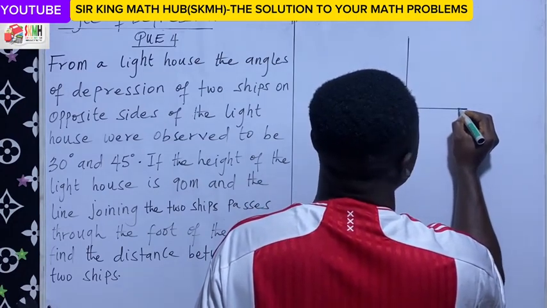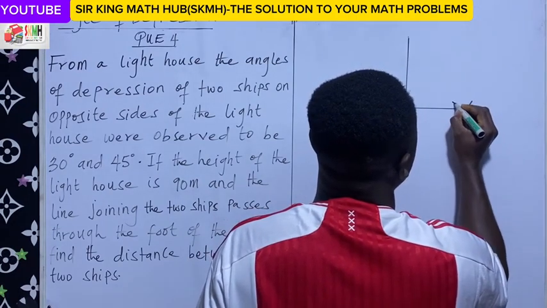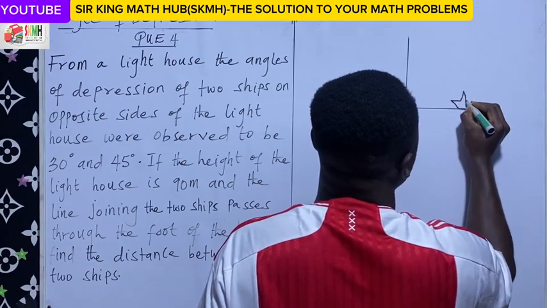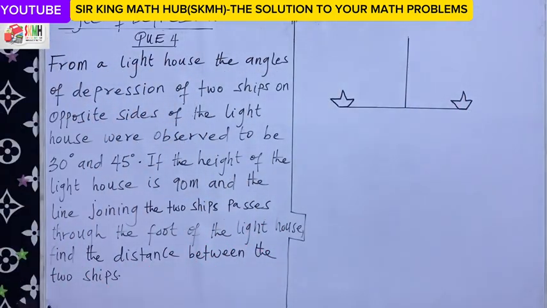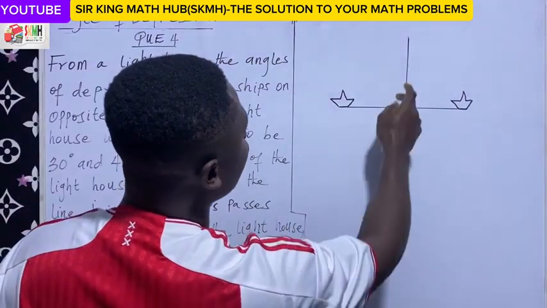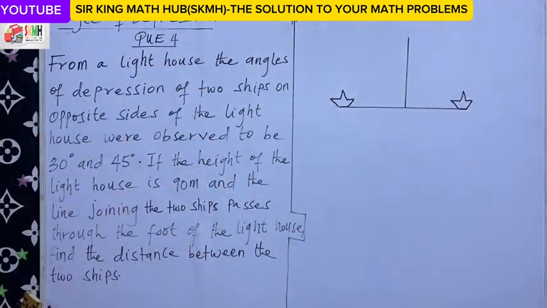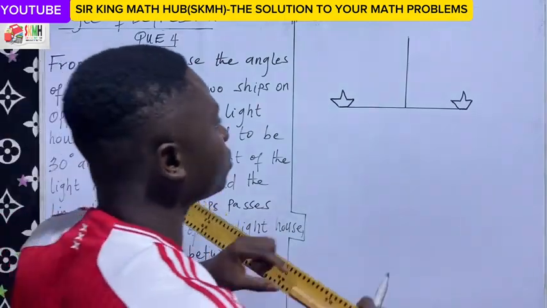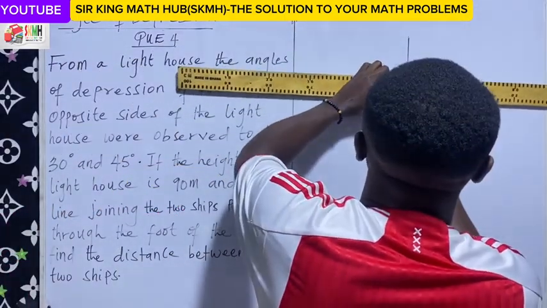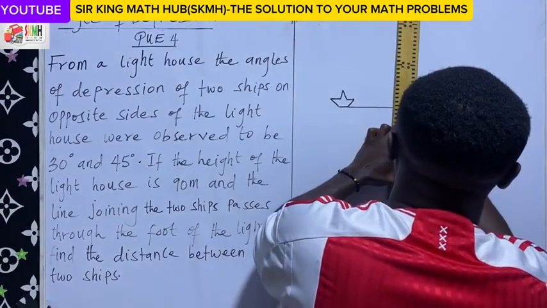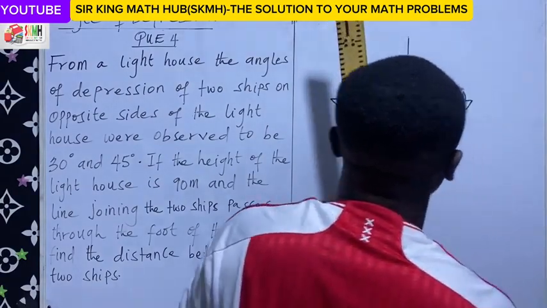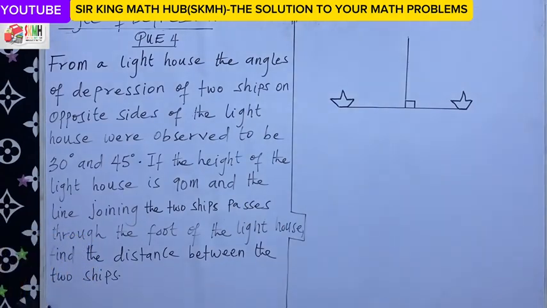The other ship will be located at this point. Okay, so these are our two ships located at the opposite side of the lighthouse. And again, you could see that the lighthouse will meet the sea level at an angle of 90 degrees. So that is what we have done.